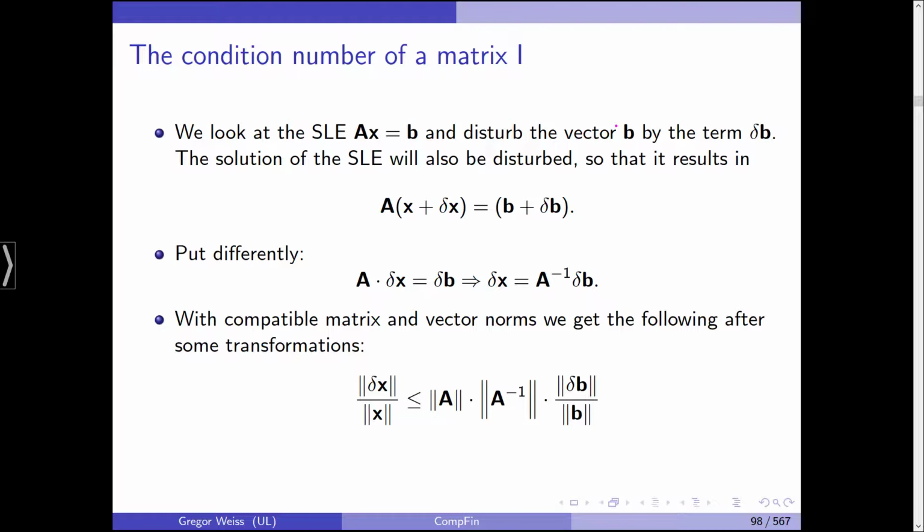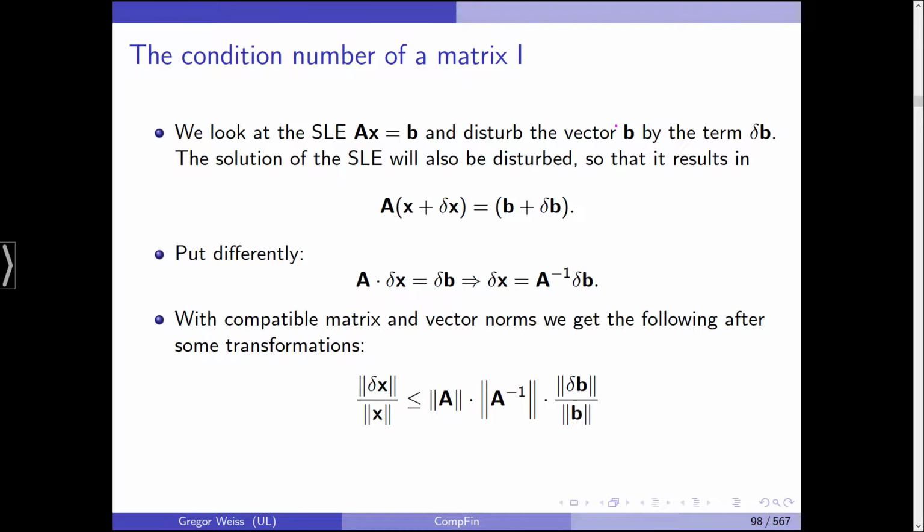We have a disturbance in the input data, in this case the vector B. We are looking at the relative error, so we divide the norm of delta B by the norm of B. And on the left-hand side, we have the disturbance that results in the solution of the mathematical problem we are looking for. This is the vector X.